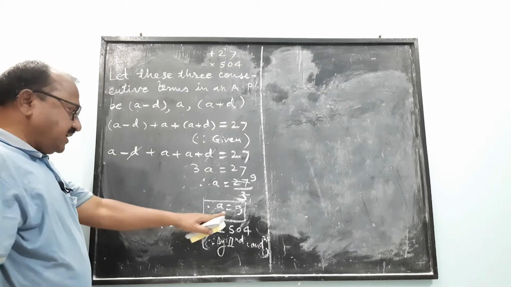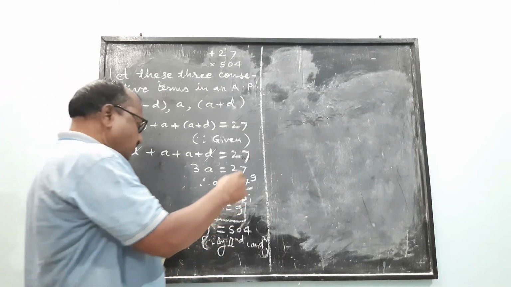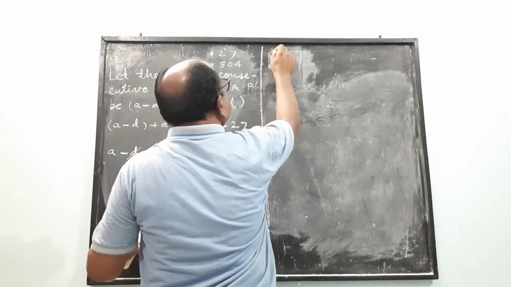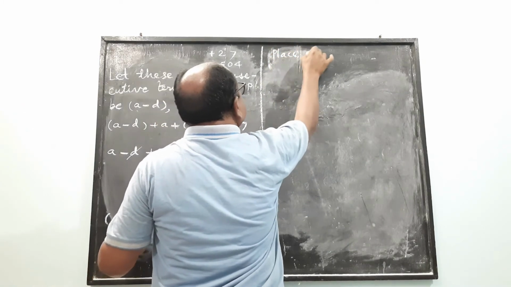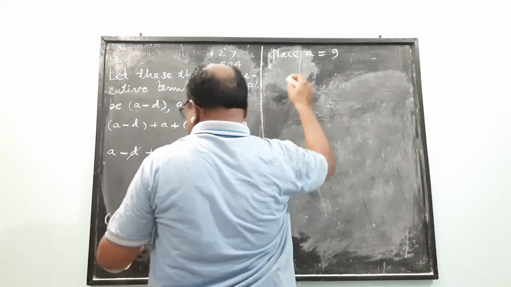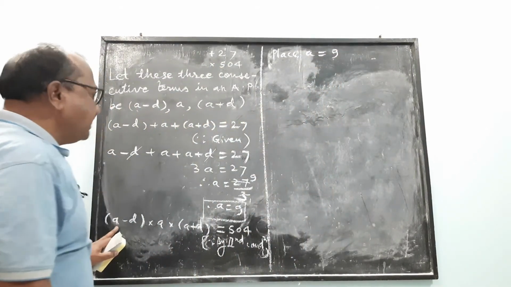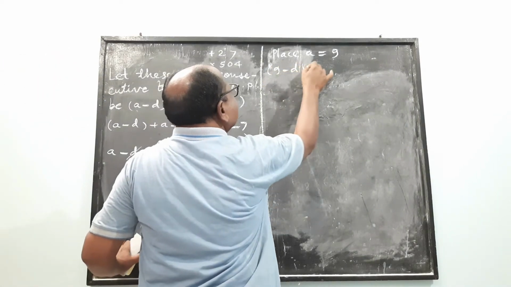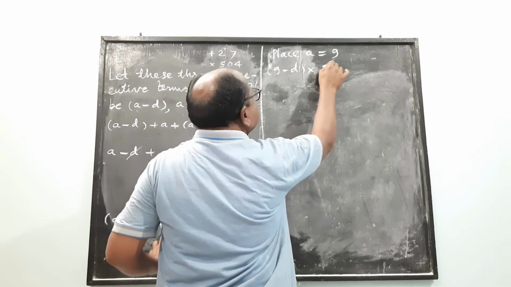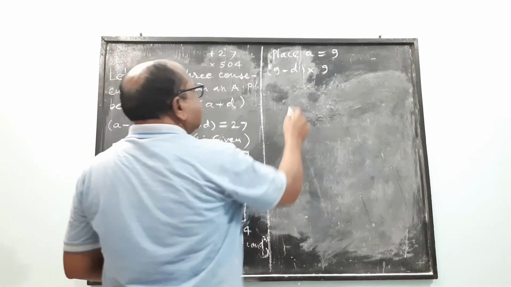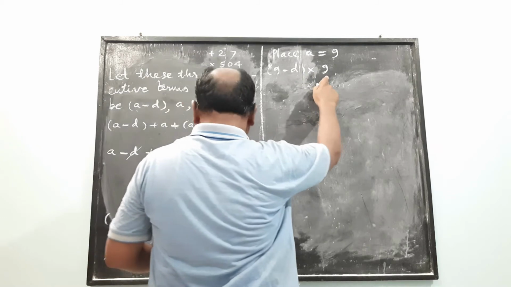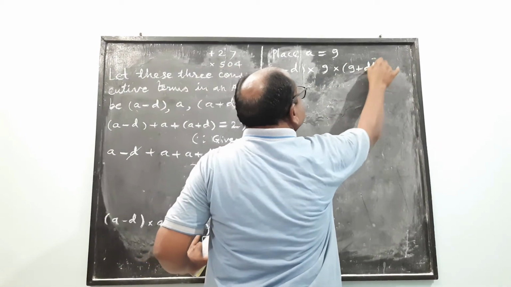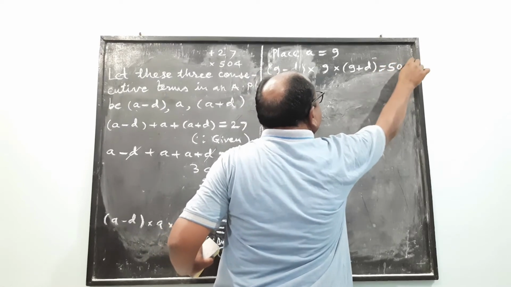Now you have to place A equal to 9 in this. So it becomes like this. Place A equal to 9. So instead of A I will write 9. 9 minus D into A means 9, into A plus D means 9 plus D, equal to 504.